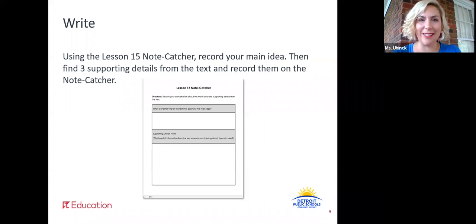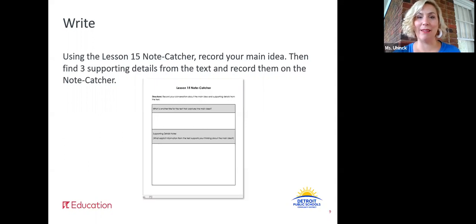All right, great. Hopefully when you wrote that title to capture the main idea, you mentioned something about how Black women were an important part of the civil rights movement, but were sometimes unrecognized.